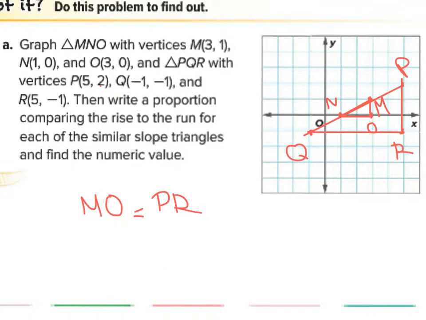Okay, and line NO, sorry, not congruent, there's no congruency. Line NO right here is equal to QR right there, which is all equal to, the top is 1, okay? The bottom is 2.